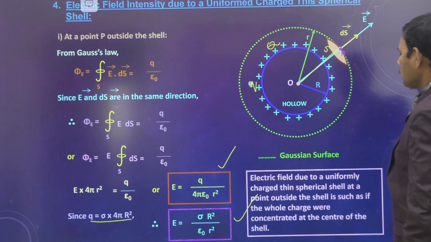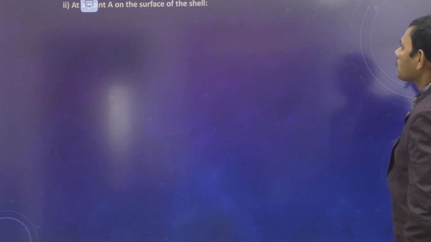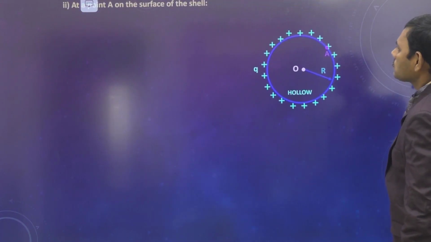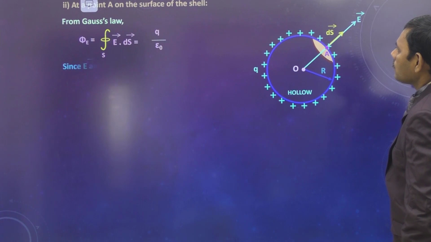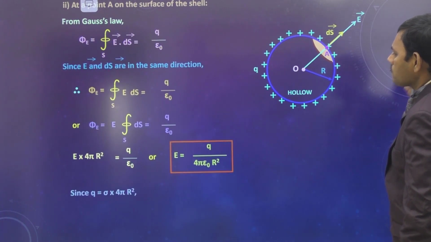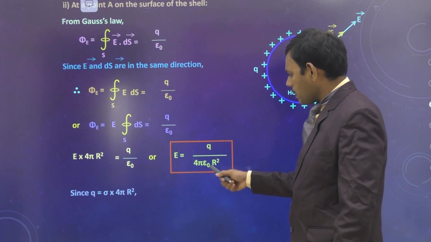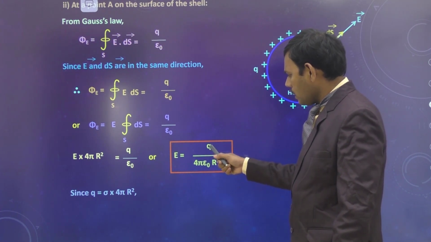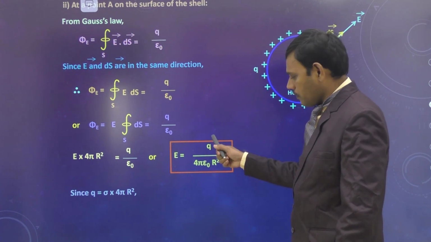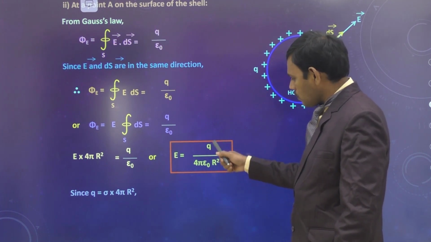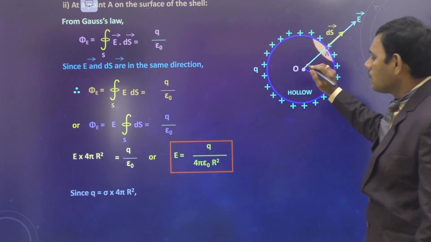Next, come to the surface. When you come to the surface, in the above formula small r becomes capital R. So 1 by 4 pi epsilon naught q by small r becomes 1 by 4 pi epsilon naught q by capital R square on the surface.